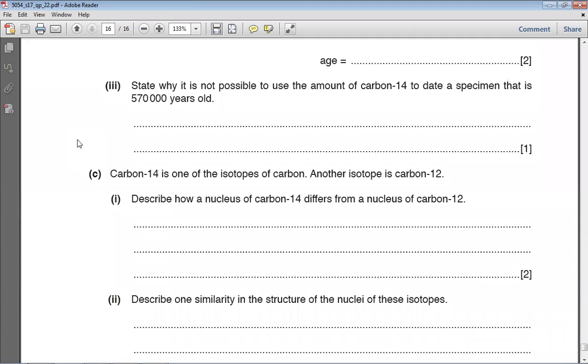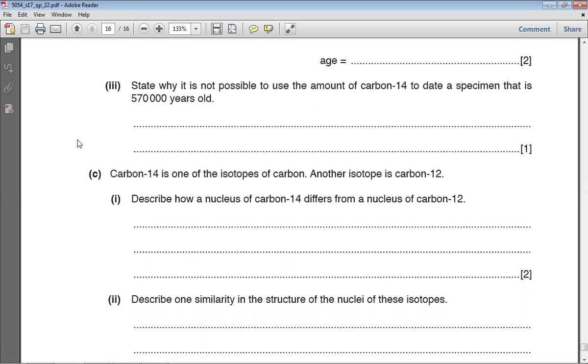He says, state why it is not possible to use the amount of carbon 14 to date a specimen that is 570,000 years old. So this is too much duration for the carbon 14, because during this duration, the carbon atoms which will be left in the sample will be very, very few.